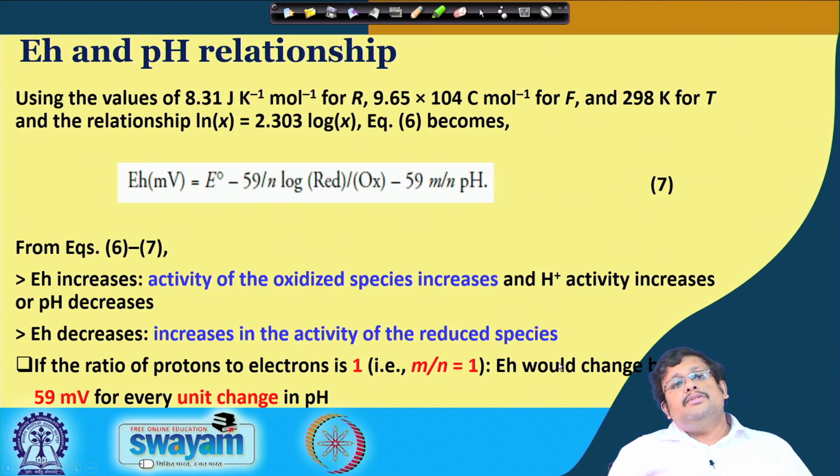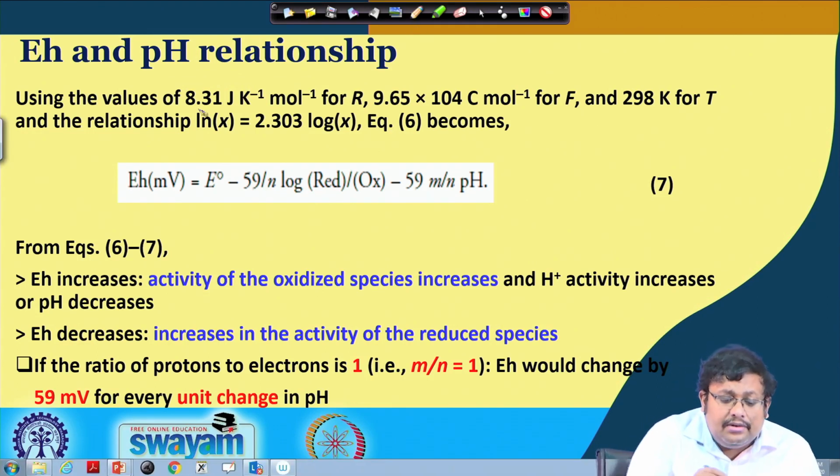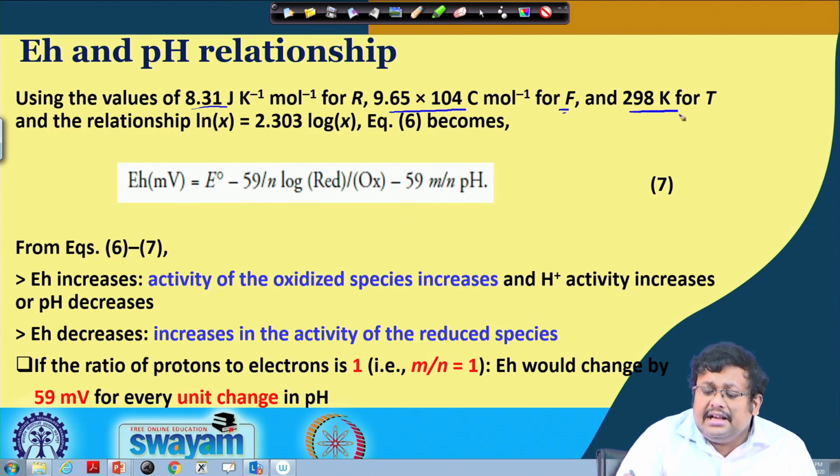Now, what is the relationship between EH and pH? Using the values in the Nernst equation, we use R, the molar gas constant, 8.31 joule per Kelvin per mole, and for the Faraday constant 9.65 into 10 to the power 4 coulomb per mole, and 298 Kelvin for T. And we know that ln x is equal to 2.303 log of x.